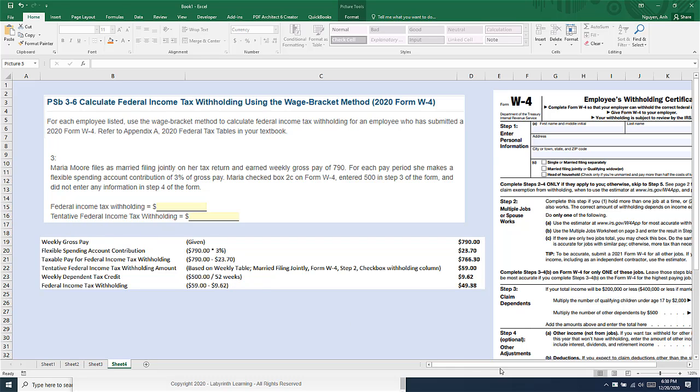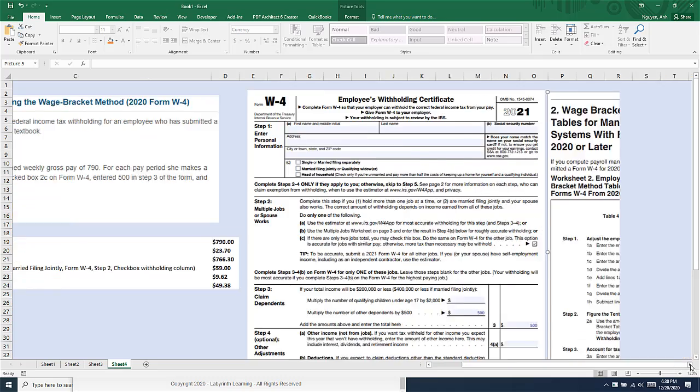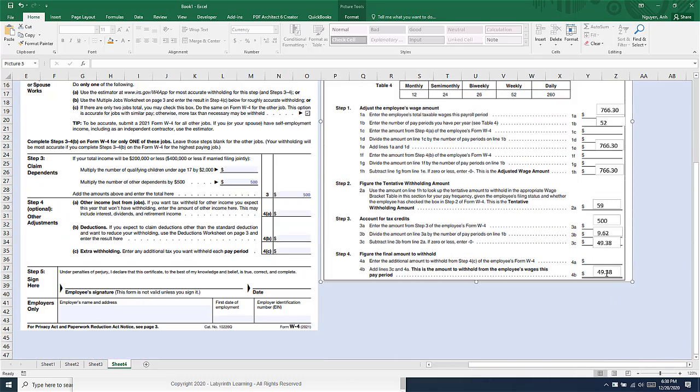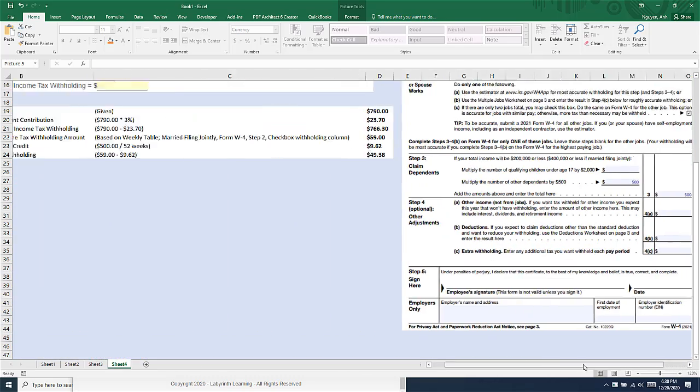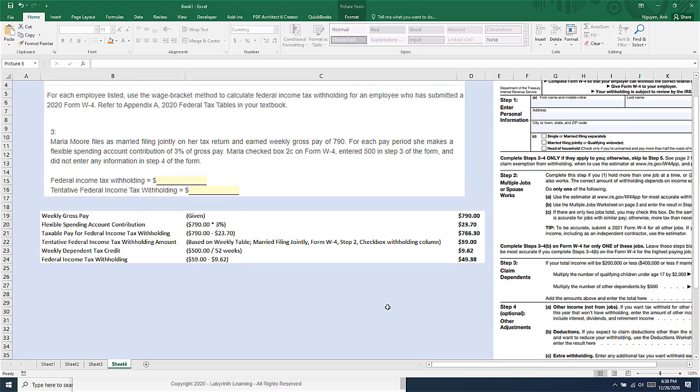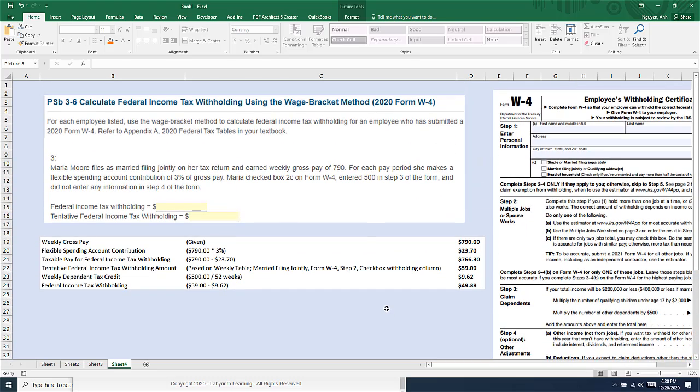And we can use this worksheet to figure out the tax withholding. That's a formal way, but we don't have to unless the problem assignment asks us to do so. We can just do the calculation by laying out the information as we did here. $790 as the gross pay, and then we subtract the amount that's not taxable, so it comes out to $766.30.